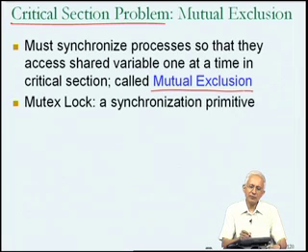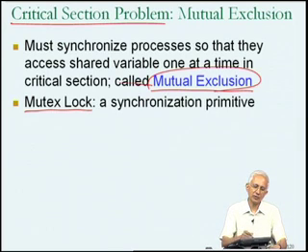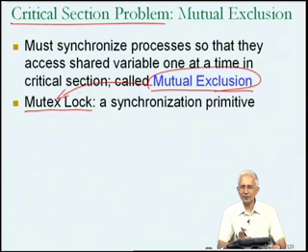And the name given for a synchronization primitive that can be used in such a scenario is a mutex lock. Mutex is the abbreviation for mutual exclusion, and lock is the name for the mechanism, suggesting that it's going to ensure that the problem does not arise, the problem of strange values ending up in the shared variables.